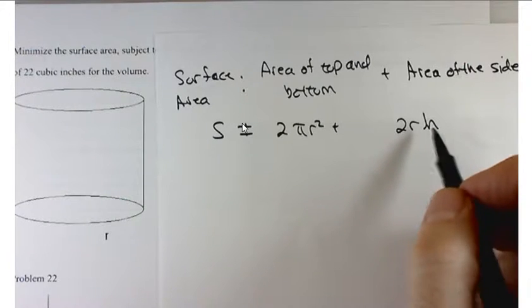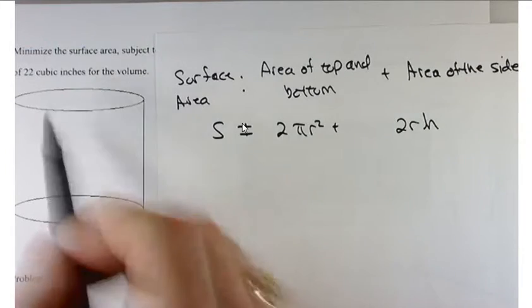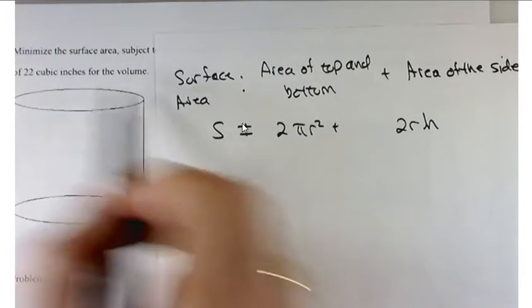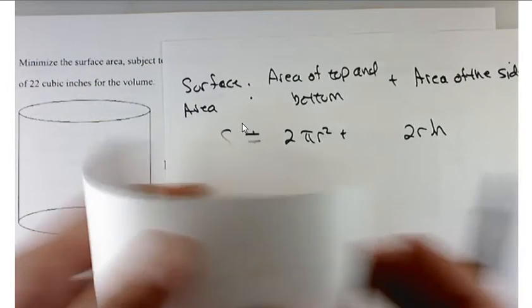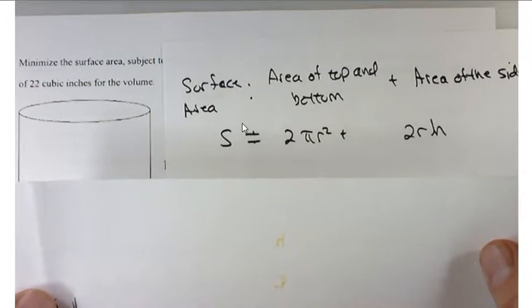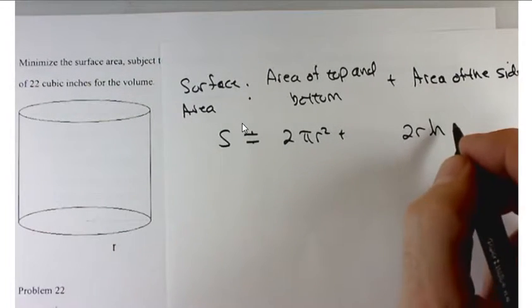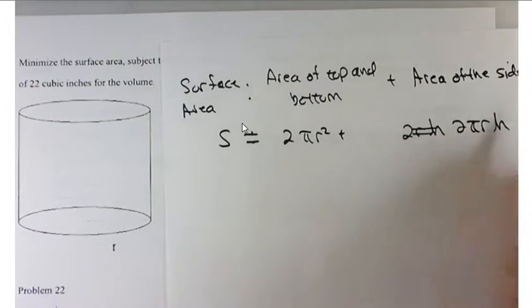Thank you. Yeah, I wasn't thinking completely. One of these sides comes from the circumference of this, right? Because when you unfurl this, this side is going to be the length of 2 pi r. So I forgot the pi there. So 2 pi r h. Beautiful.